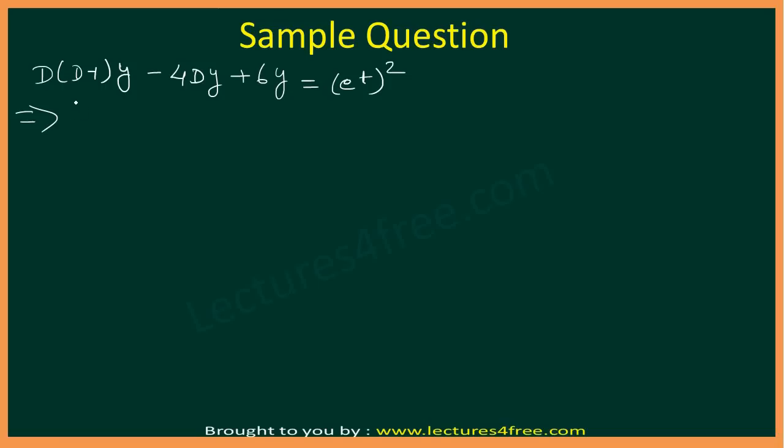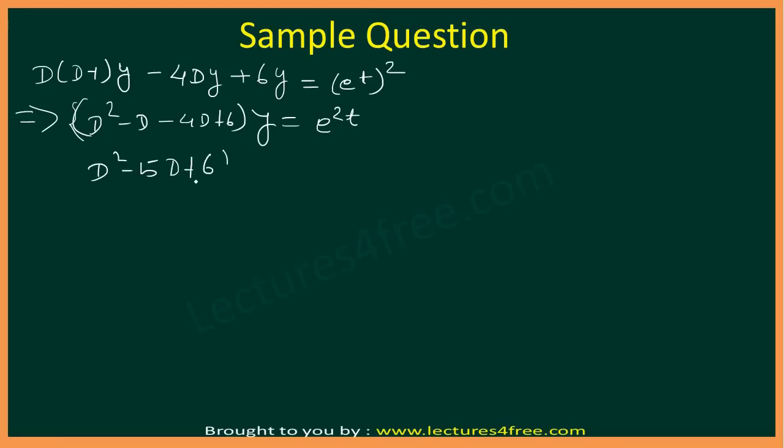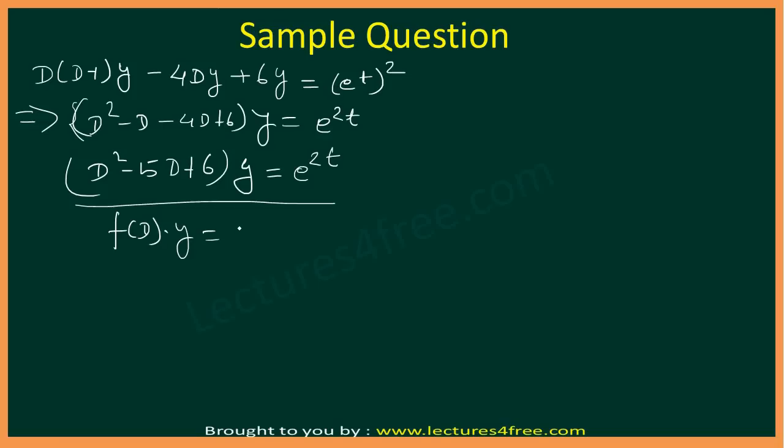We will solve it like this: D square minus D minus 4D plus 6, and here y is outside, equal to e to the power 2t. So we get D square minus 5D plus 6 into y is equal to e to the power 2t. Now it's like a function of D into y is equal to a function of t.